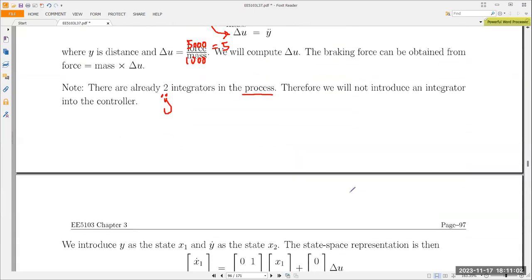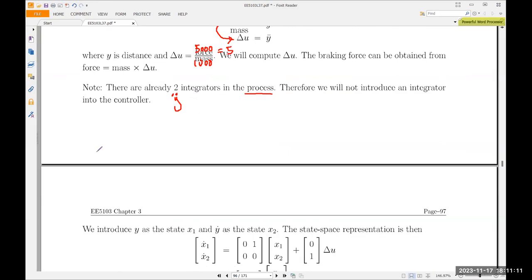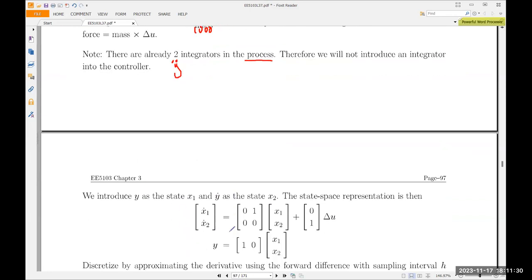Now we write down the state space equation, which is quite standard. We define Y as the state x1 and Y dot as the state x2. To write the state space equation for the process, the way I write it is x1 dot, x2 dot on the left side, and x1, x2, with no dots, on the right side.